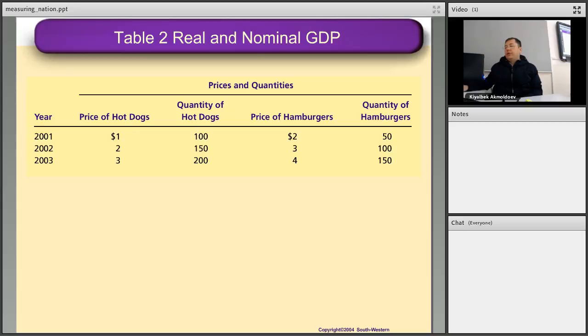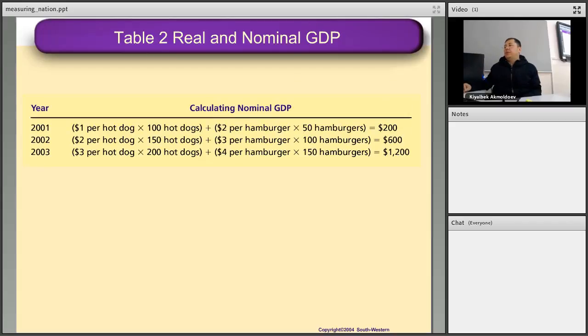Quantity of hot dogs that are produced is 100, 150, 200. Price of hamburger 2, 3, 4. Quantity of hamburgers 50, and so on. So we assume that in our economy we produce only hot dogs and hamburgers, and here are their prices. So in this situation, how do we calculate real GDP and how do we calculate nominal GDP?